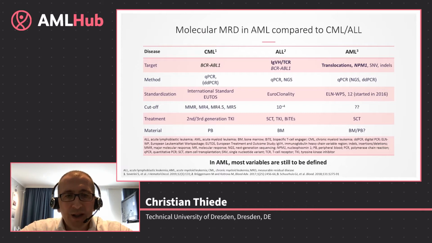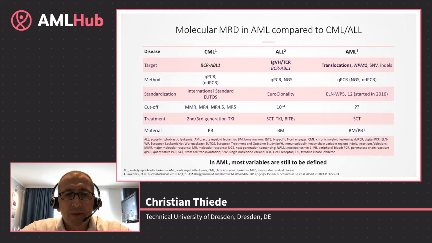Over the last 20 years in CML, we have implemented standardization, mostly driven by the IS activity. And similarly, in ALL, we have the EuroClonality initiative, which brought up important standardization measures.